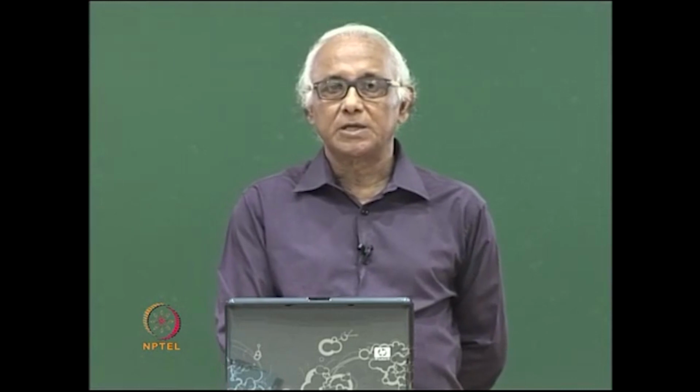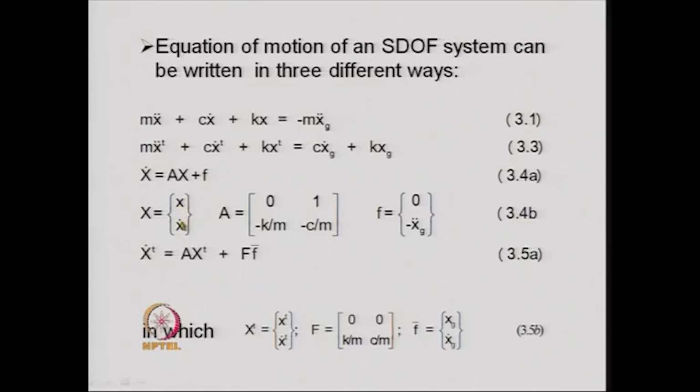If we know the displacement and velocity of a dynamic system at an instant of time t, then we know its state in the time space, because knowing the displacement and velocity at an instant of time t, one can also easily find the acceleration. Therefore, we take x and x dot as the quantity of interest together, represented by a vector called capital X vector. This denotes the state of the system.